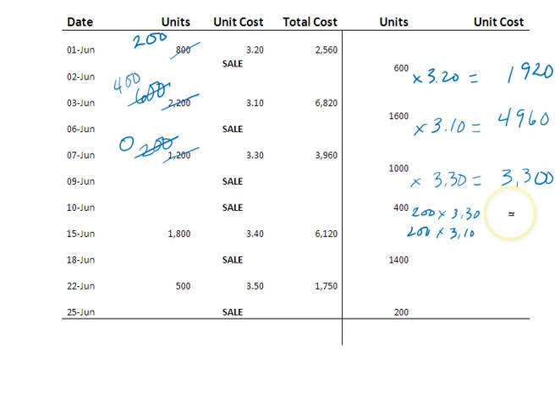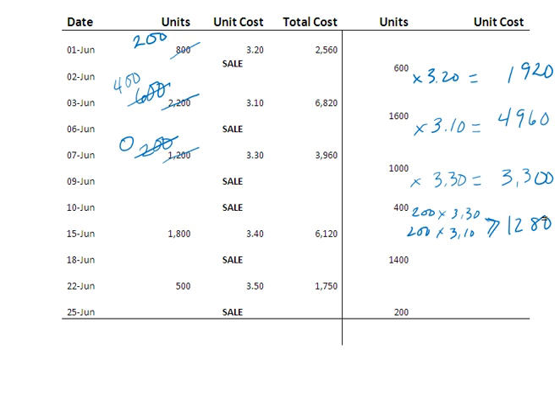All right, so 200 times 330 is 660, and 200 times 310 is 620. So those total 1280 for the cost of goods sold on that day.